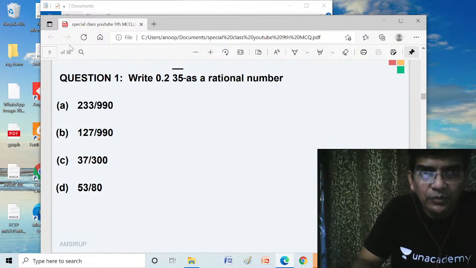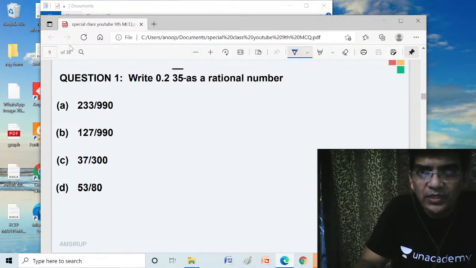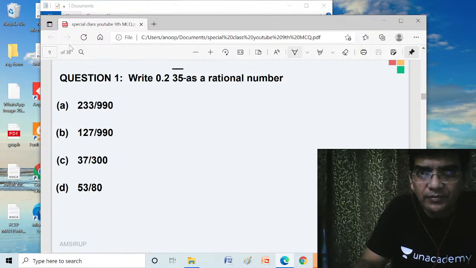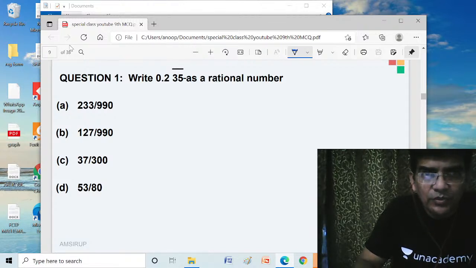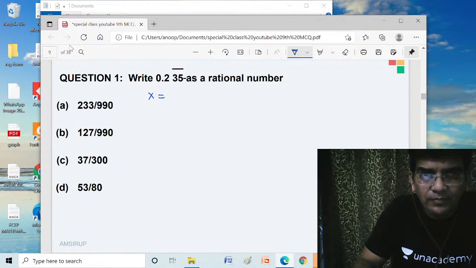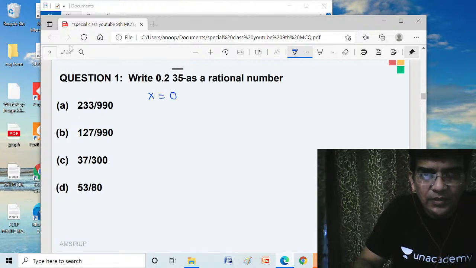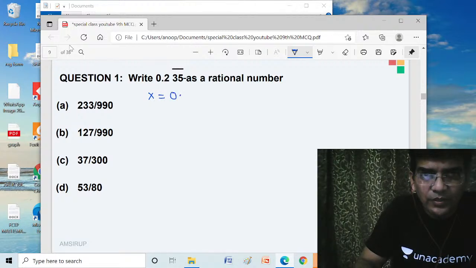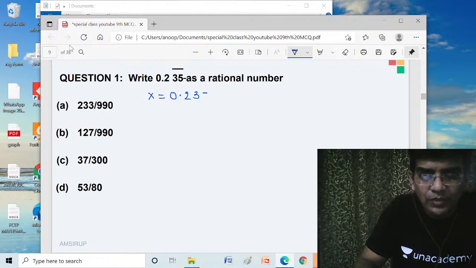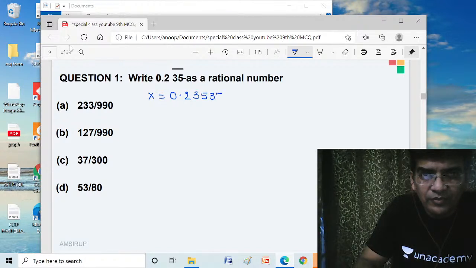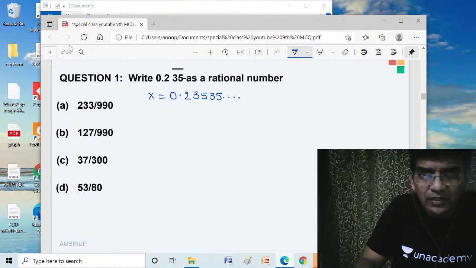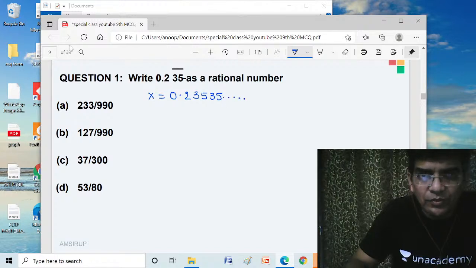First I am going to suppose this number as x. So it's 0.23535, and you can see it is being repeated. I can name this as equation number 1.